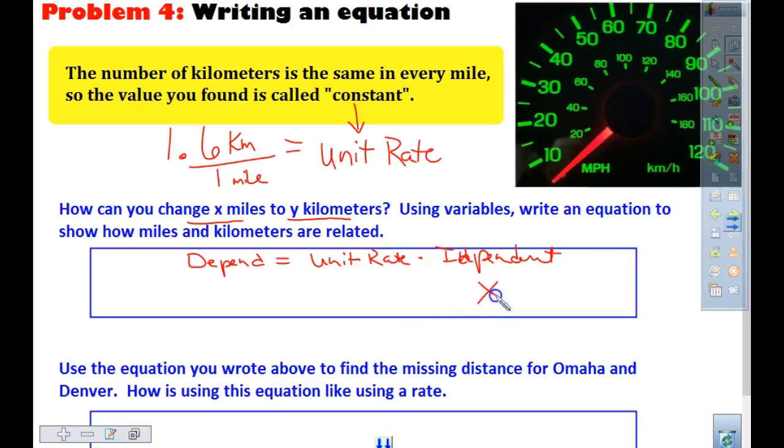Our independent was x. Our unit rate was 1.6. Y equals. I will have some people like to put this as miles equals 1.6 times the kilometers. Does that make sense?